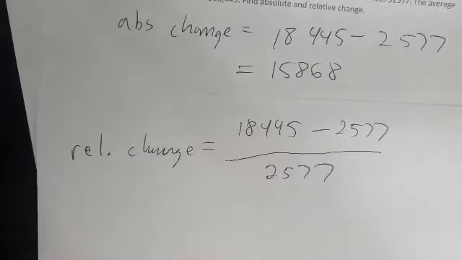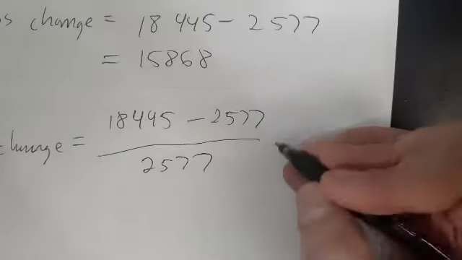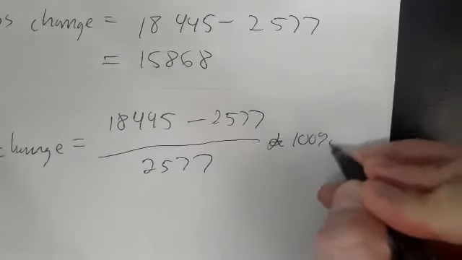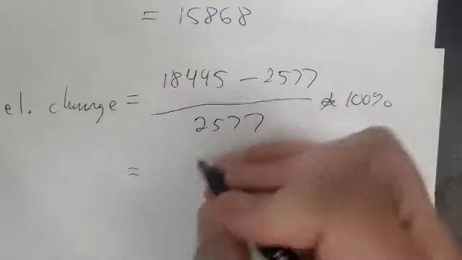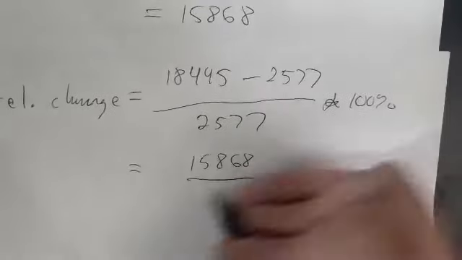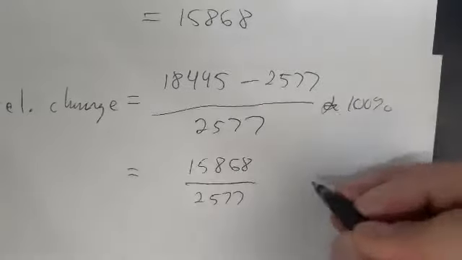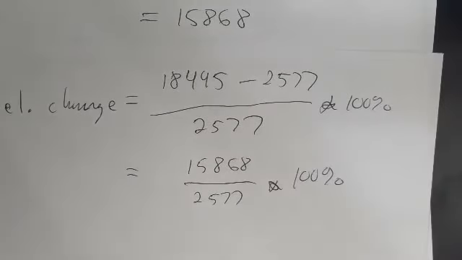So this is going to tell us the percent increase. And since it's giving us a decimal here, we want to convert it to a percentage in the end. You've already done some work. You know that this top number is 15,868 over 2577. And we're multiplying by 100%.